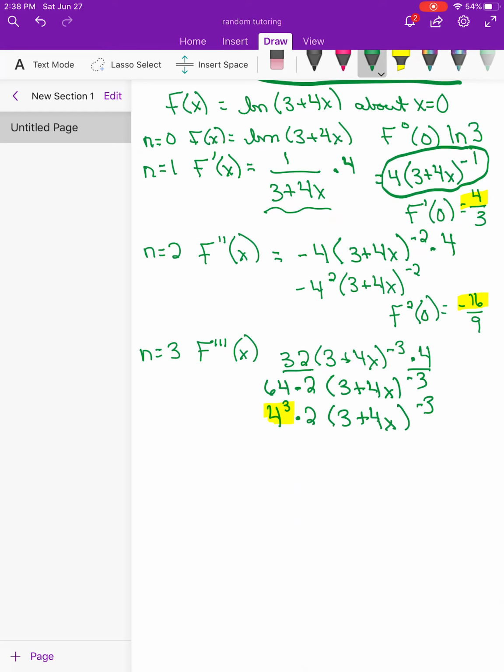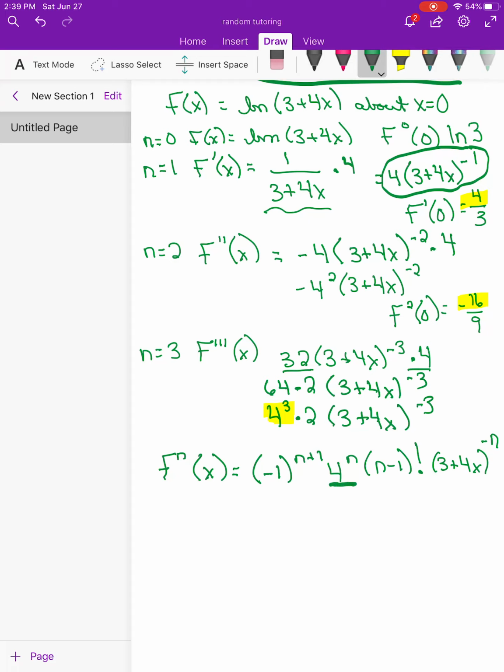But what you basically have to think about is you're alternating signs, but in a different way in this case, because you're starting with a negative. And then you've got -1 to the n plus 1, 4 to the n, n minus 1 factorial times (3 plus 4x) to the -n. So you're looking at each piece.